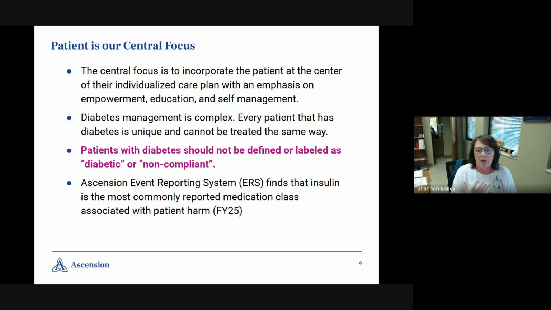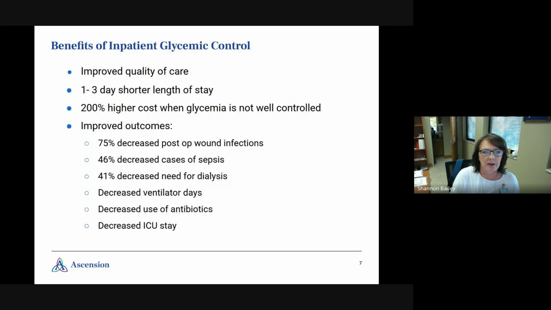And for a lot of people, they don't like it. So just from a customer service standpoint, we're trying to change the culture. And also, the Ascension Event Reporting System finds that insulin is the most commonly reported medication class associated with patient harm. So we're trying to reduce and eliminate that.